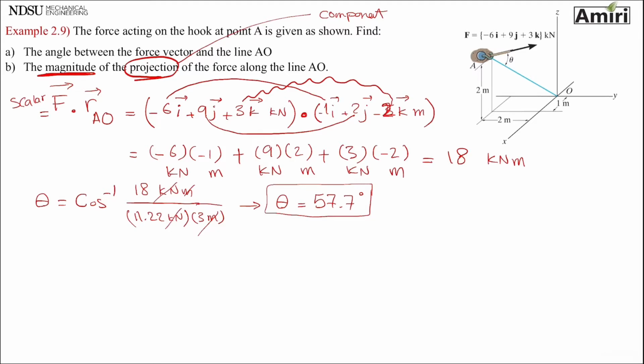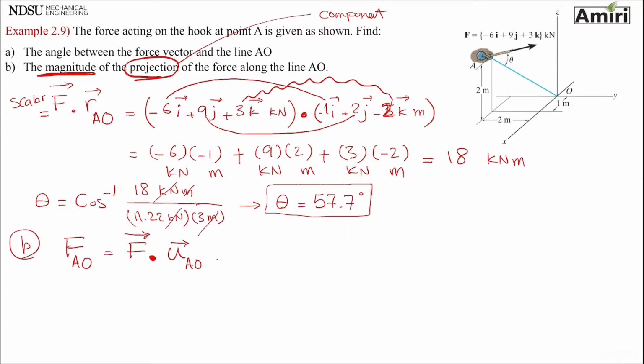If you look back at my lectures, for the projection or component of a force along a certain direction, you just dot product that force with the unit vector of that direction, the unit vector of AO. That's all you have to do.